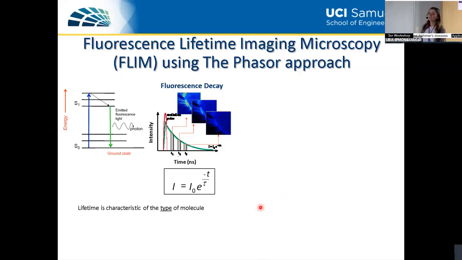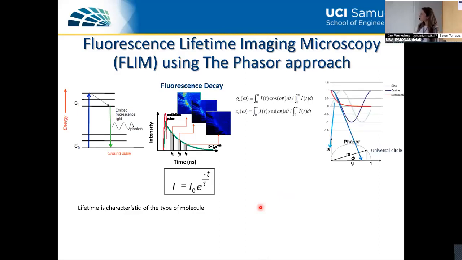You also saw the difference between the time domain and the frequency domain. In our case, we use the frequency domain. And with our data, we did the phasor transformation that you have already seen a lot during the workshop.